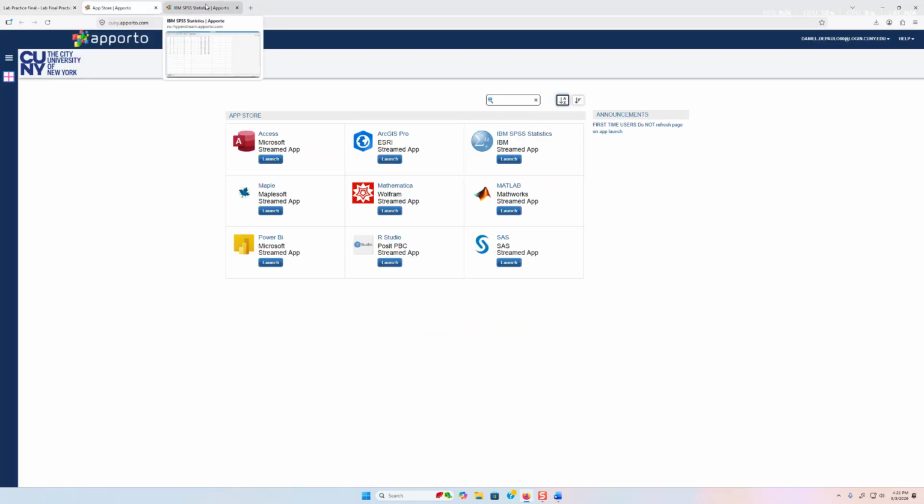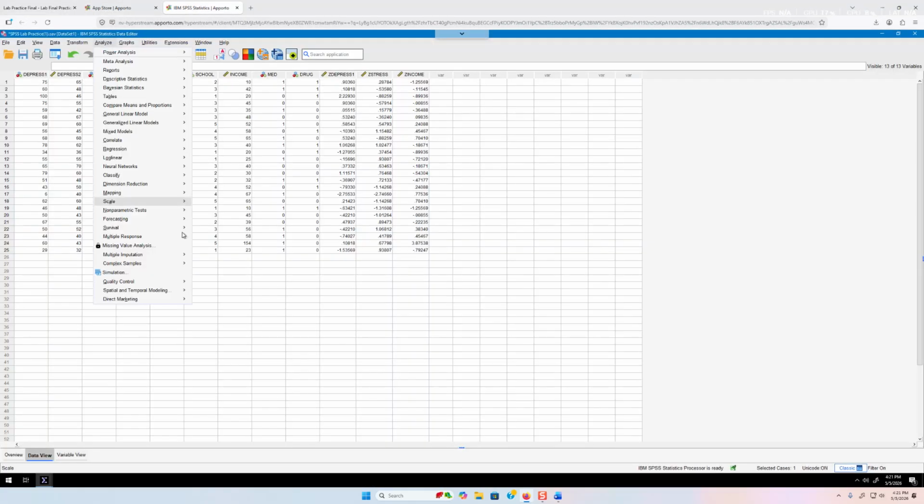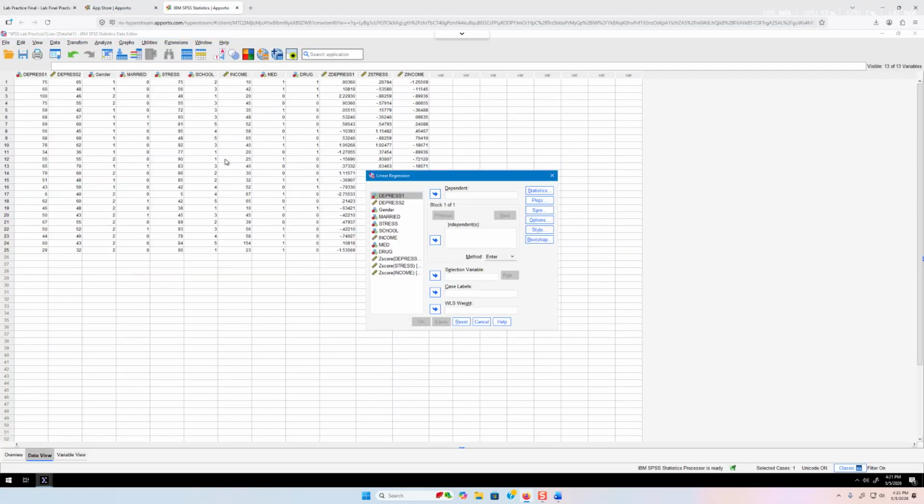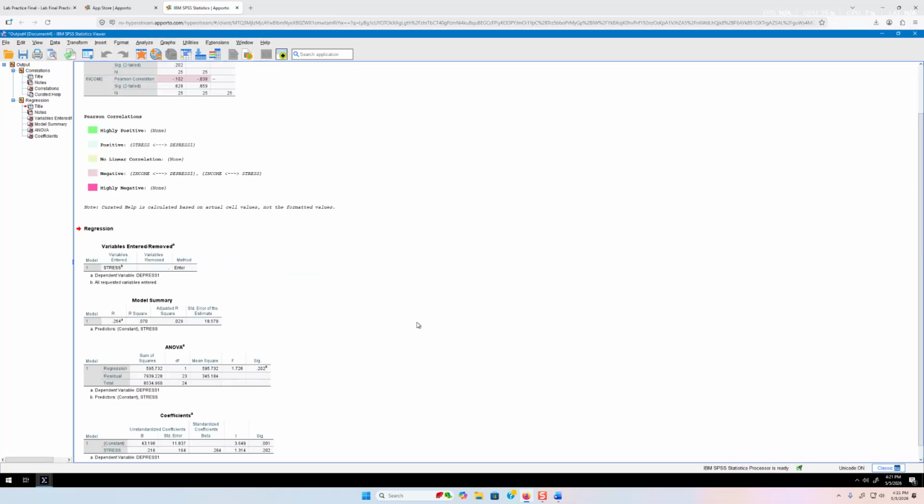So we're going to do this. Analyze, regression, linear. We want depression as our dependent, and stress as our independent because that's the predictor. Then hit OK. What we are seeing here is the regression model. The R squared is the variance explained.